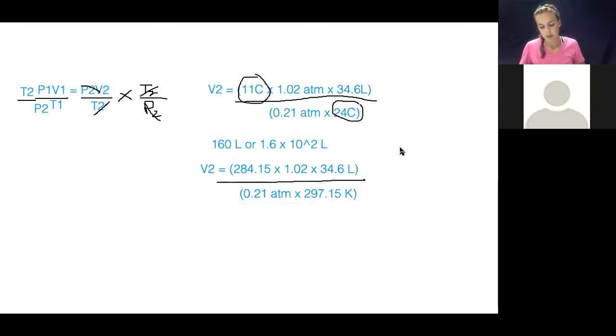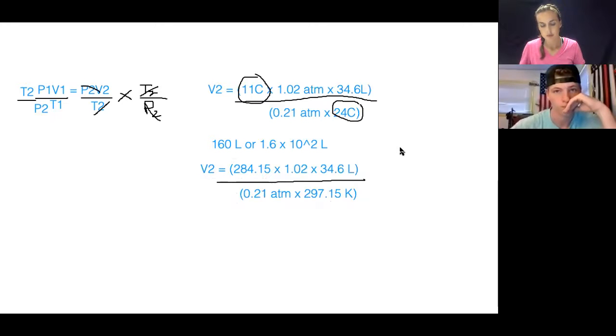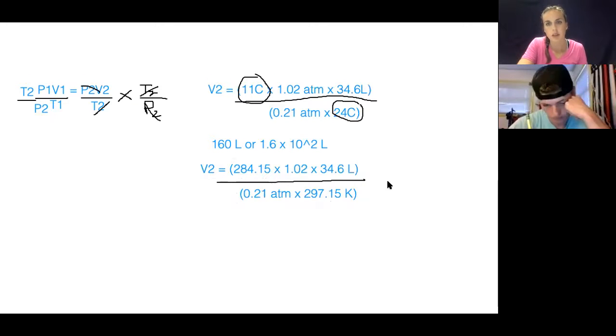Okay, so let's try plugging that in. Yep, and that gets you the right answer. I apologize. Okay. So convert to Kelvin always because we can't have a 0 in the denominator.